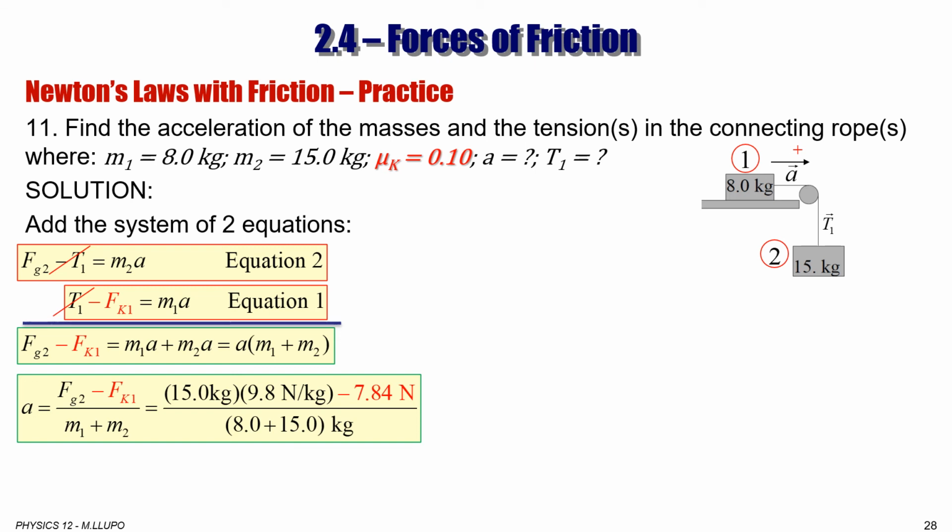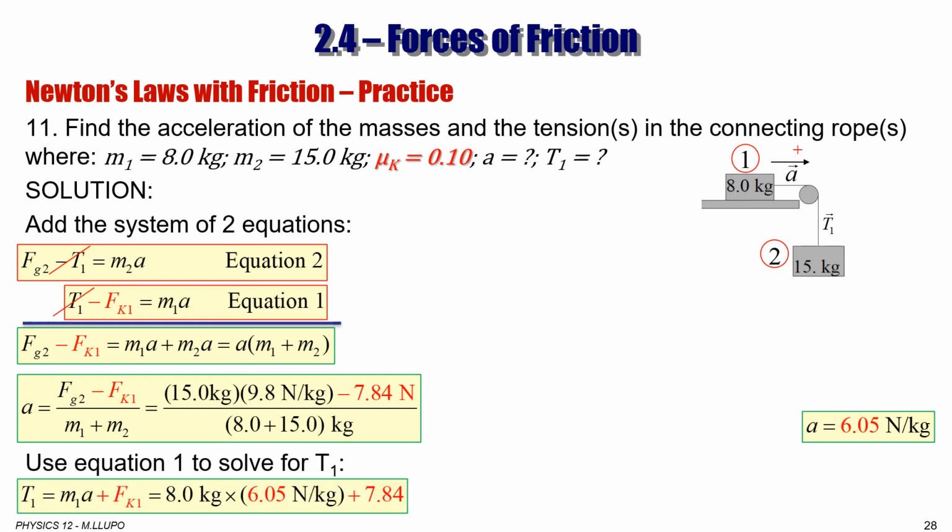We plug those numbers in and we get acceleration 6.05 Newton per kilogram, or meter per second squared. And the last step would be to solve for T1. And we can use equation number 1. And then you plug those numbers there: 8 kilogram times 6.05, which is the acceleration we just calculated, plus the friction force that we calculated before, 7.84 Newton. And the answer would be 56.24.